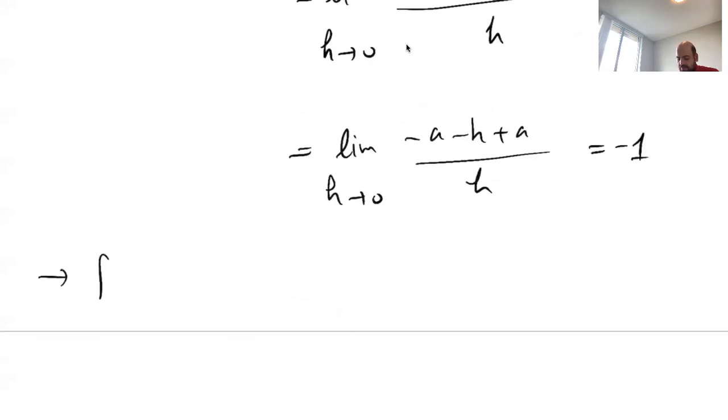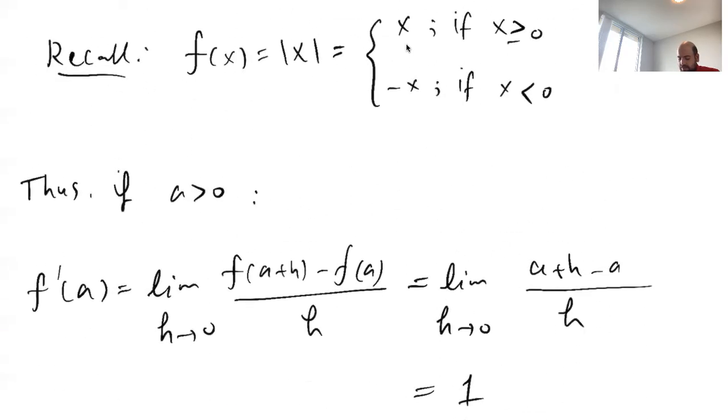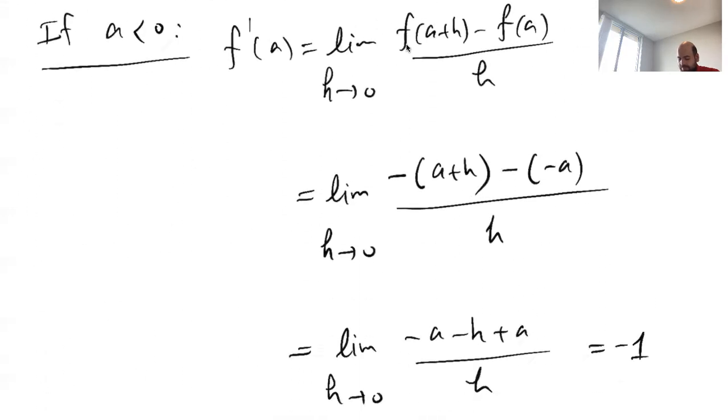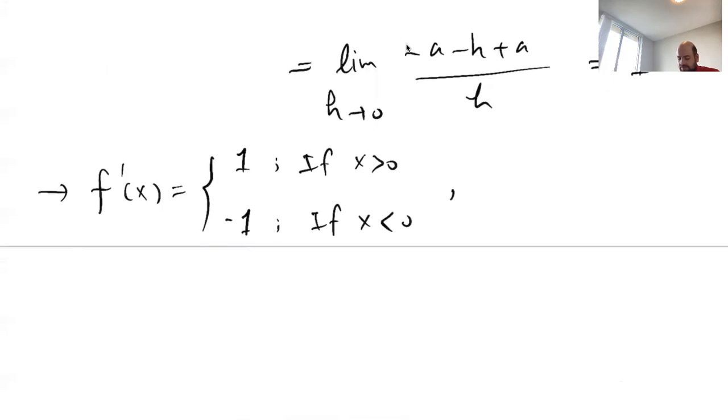So we can say that f prime of x is equal to 1 if x is bigger than 0, and minus 1 if x is less than 0, right? Minus 1 here if a is less than 0, and we saw that if a is bigger than 0, f prime of a is 1. And the domain of f prime is how much?